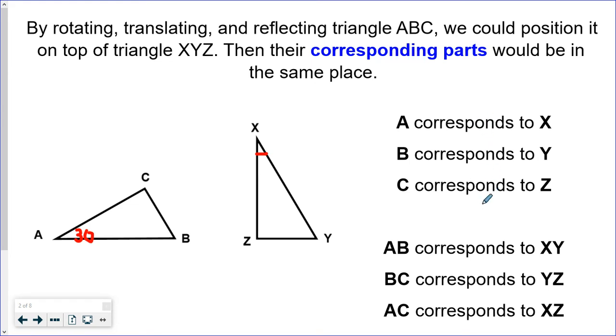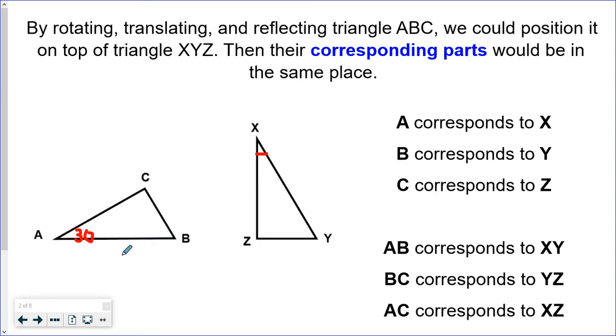But not only would the angles be the exact same measurement, the side lengths would also be equal. That means if I had side AB, connecting from A to B, that would be the exact same as XY right here. Because if I rotate it, translate it and then reflect it, line AB would lay right on top of line XY.